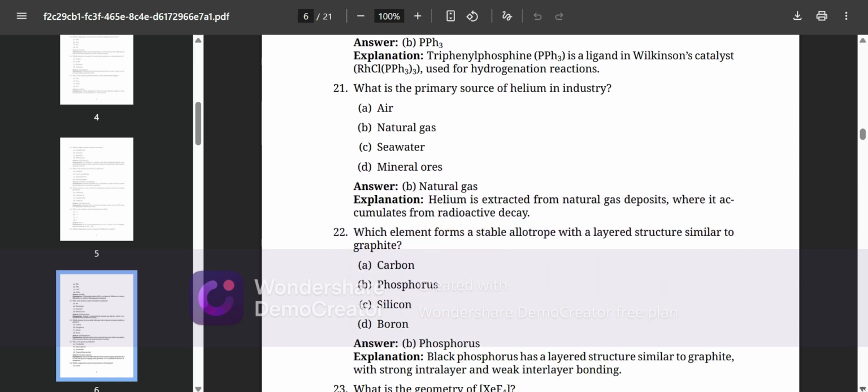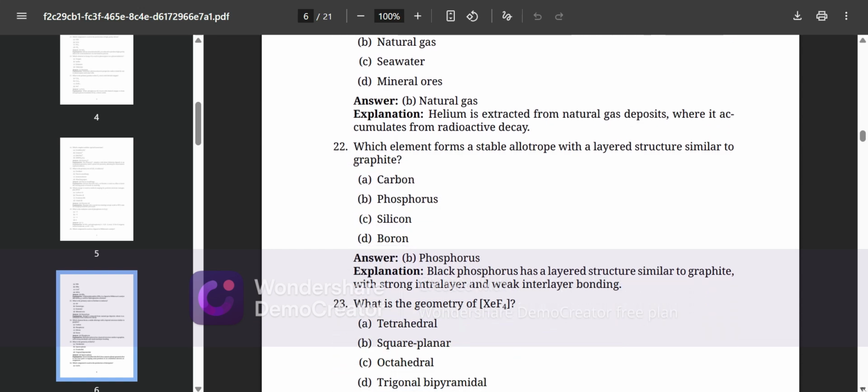What is the primary source of helium in industry? Natural gas. Helium is extracted from natural gas deposits where it accumulates from radioactive decay. Which element forms a stable allotrope with a layered structure similar to graphite? Phosphorus.